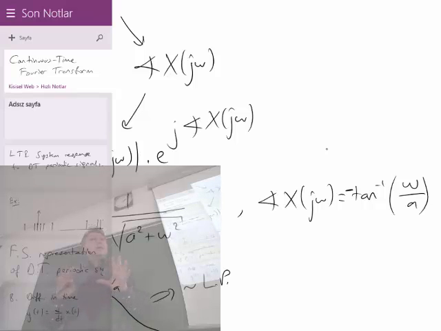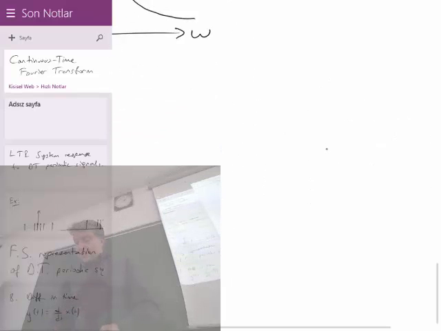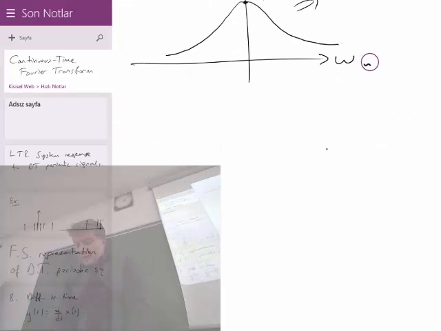You should check the methods of how to find the magnitude and the angle of complex variables. If you want to combine a complex entity, let's say gamma, it equals the magnitude of gamma times e to the j angle of gamma.